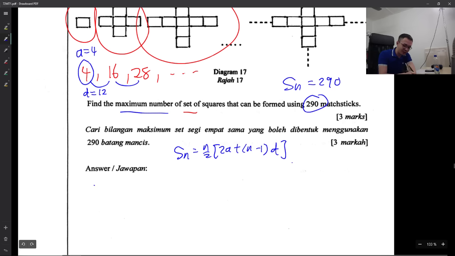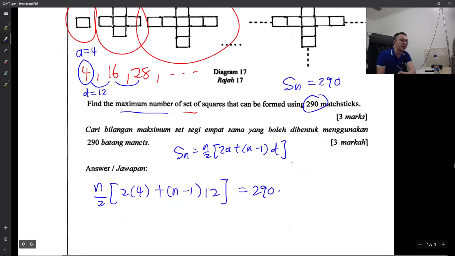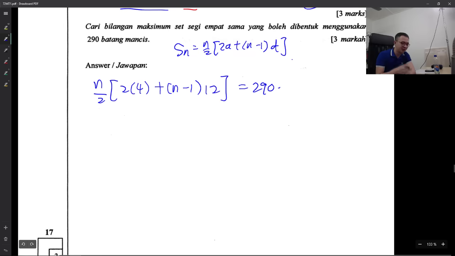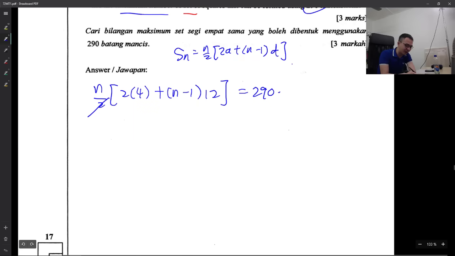So n is unknown, over 2, times 2a which is 2 times 4, plus n minus 1 times d which is 12, equals 290. Then I just need to solve this equation to find my n value. I divide by 2 here, this one becomes 6.